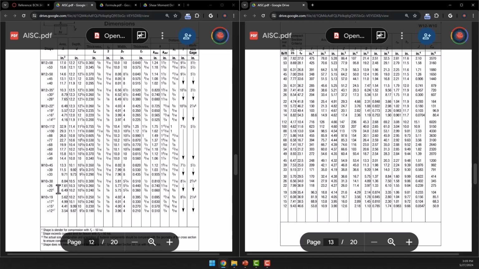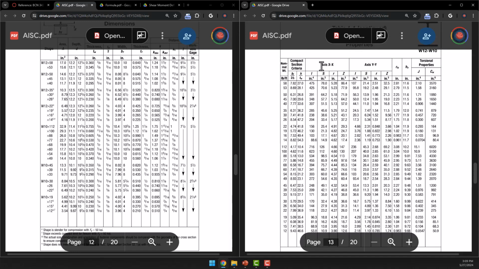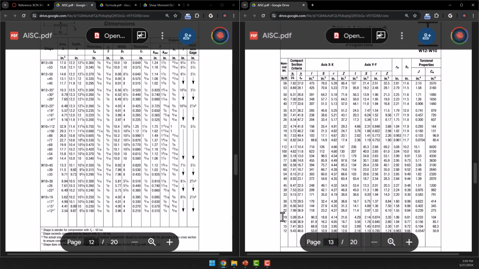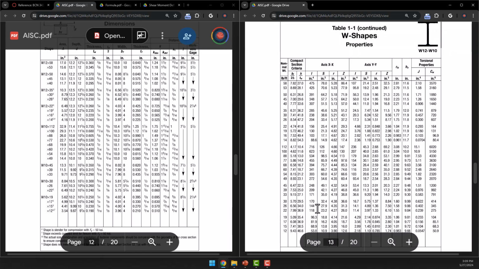Okay, so now we have the I-axis. Let's check for the I-axis. This is the x-axis, and the I-axis is this column. If I go all the way down here, I can see that Ix equals 96.3, and the unit over here is inch to the power of 4. This one is 19, matching over here, and this one will be 96.3.